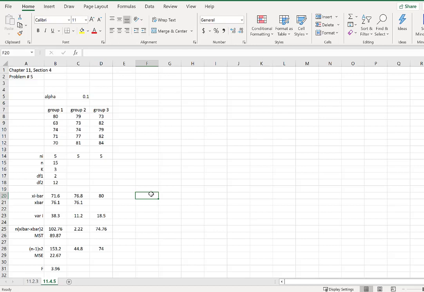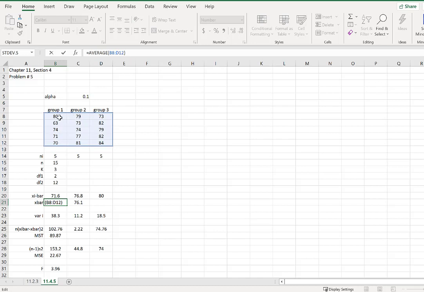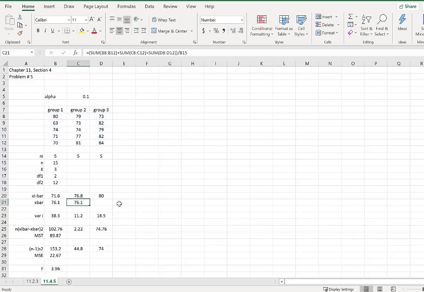Now I've got to do the whole X bar. There are several different ways to do this in Excel. The first way I did it was I just did an average of that whole set of numbers. They didn't have to be all in a row or a column. I did the matrix of the average of all those, and that gave me 76.1. Another way was looking at summing each of the columns.